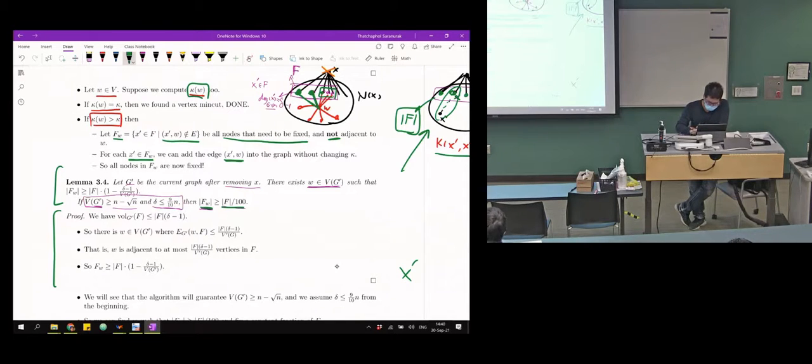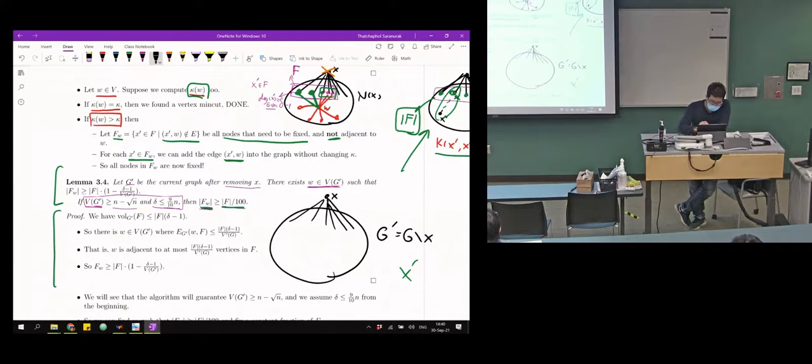Because, well, if you look at this graph, this is x, and call this G prime, which is after you remove x, and this is the thing that needs to be fixed. The total degree of F in G prime is small, because they have degree at most delta minus 1 here.